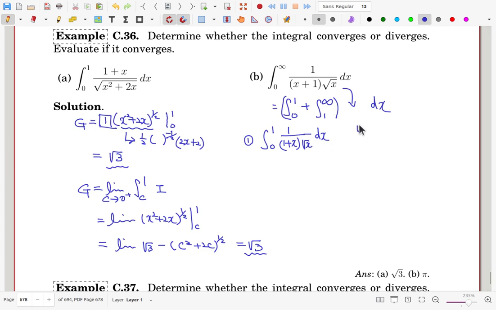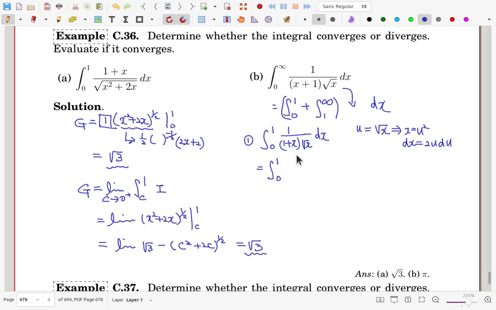Let u equal the square root of x, then x is u squared, and dx equals 2u du, right? When x is from 0 to 1, u is again from 0 to 1.